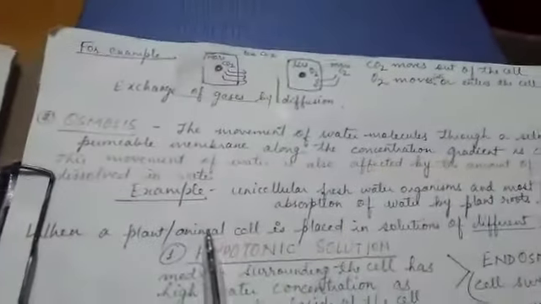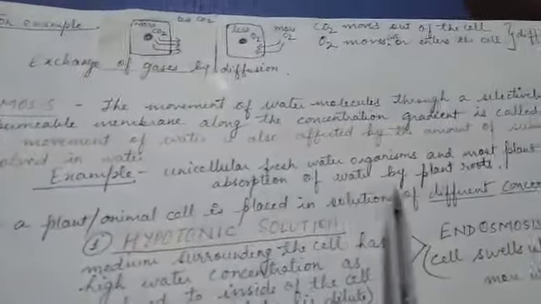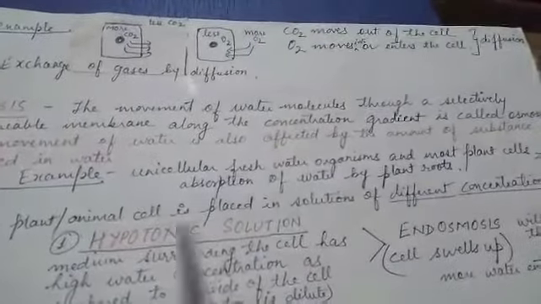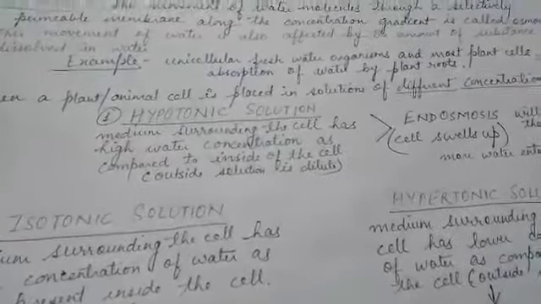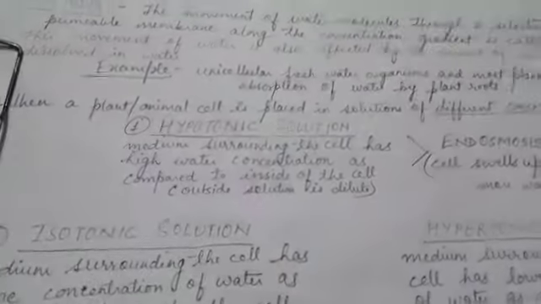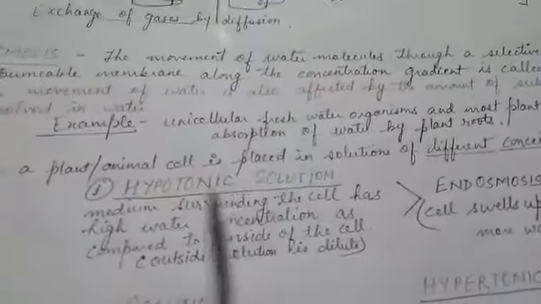Now, when a plant cell or animal cell is placed in solutions of different concentrations, there are three types of solutions: hypotonic solution, isotonic solution and hypertonic solution. Let us discuss them one by one. What is a hypotonic solution?